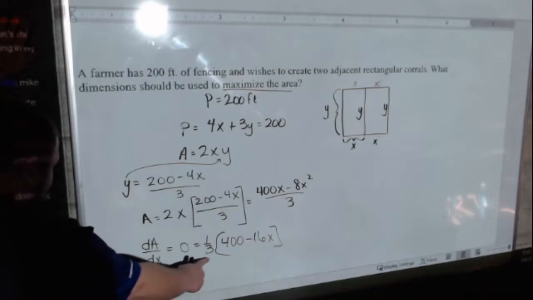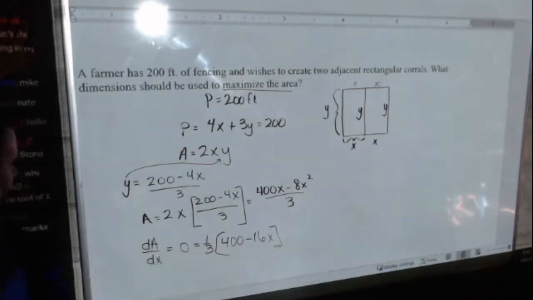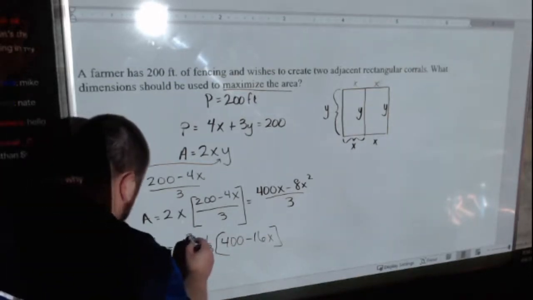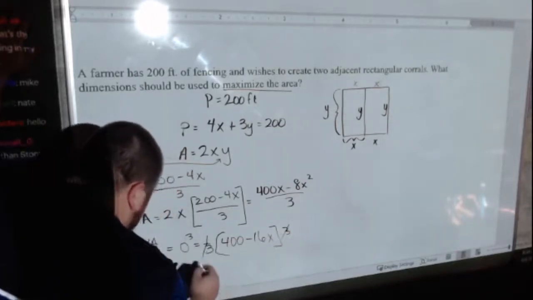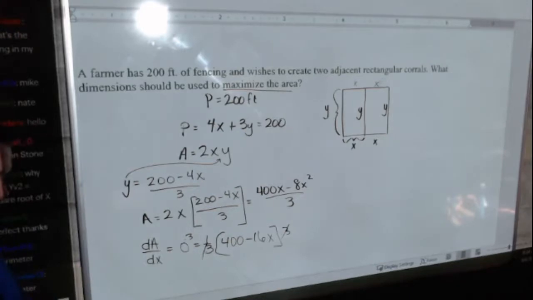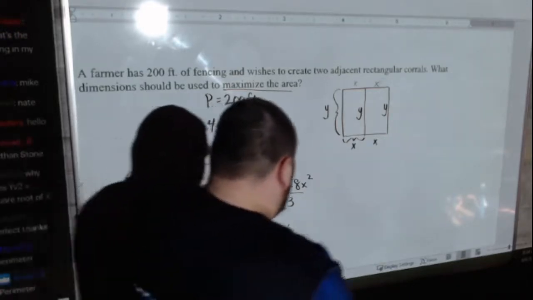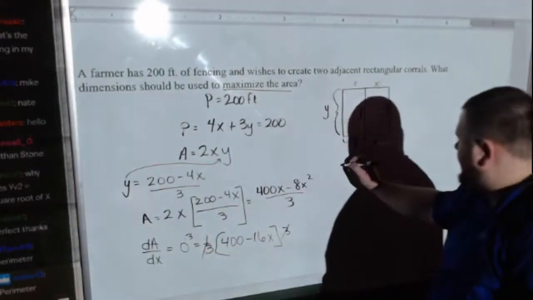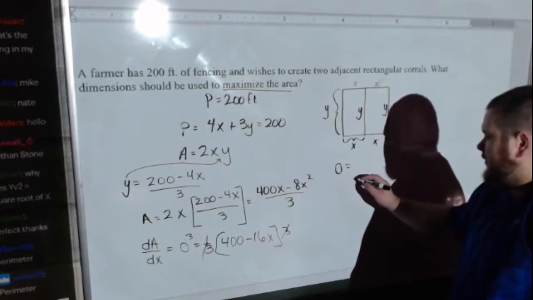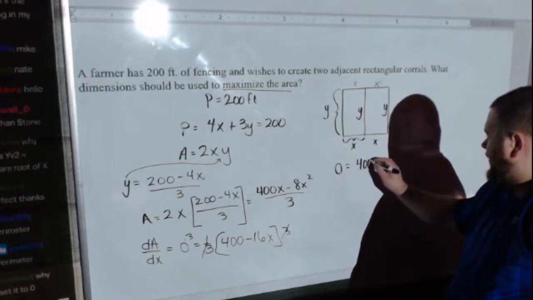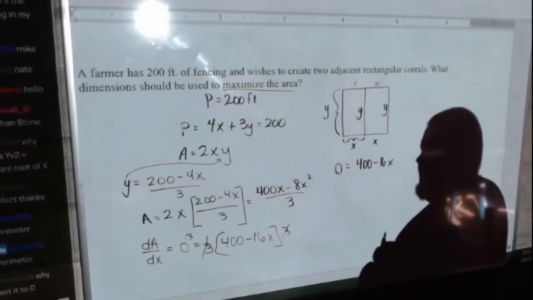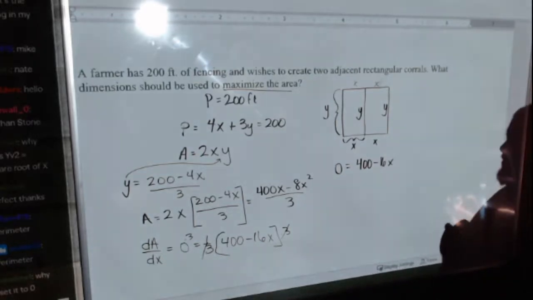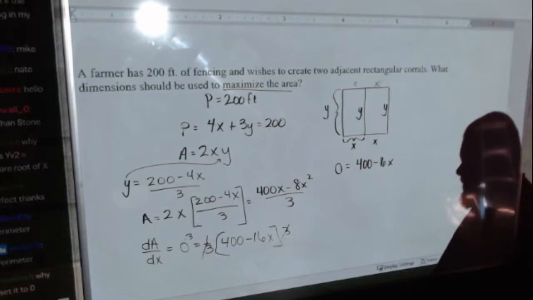So get rid of the 1/3 by multiplying both sides of the equation by 3. And over here it's still 0. So we have 0 equals 400 minus 16x. Every time you do an optimization problem, you have to differentiate and set to 0.